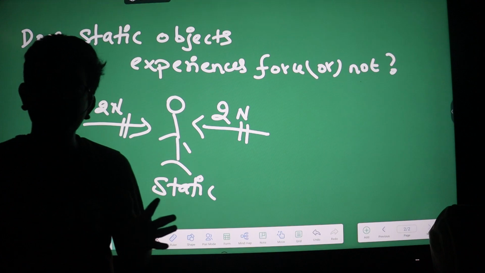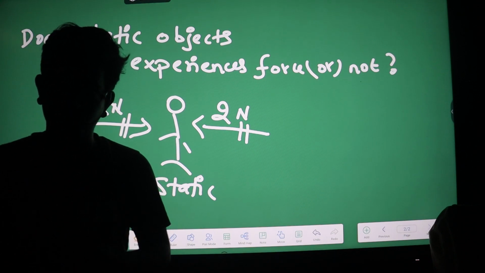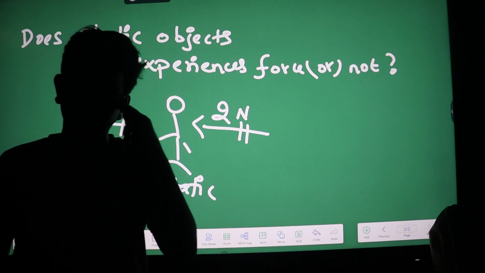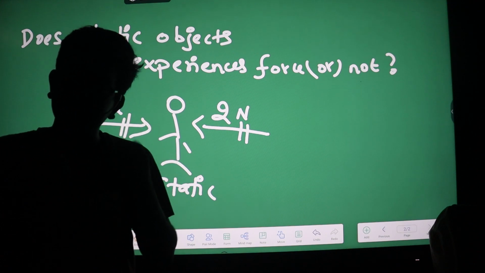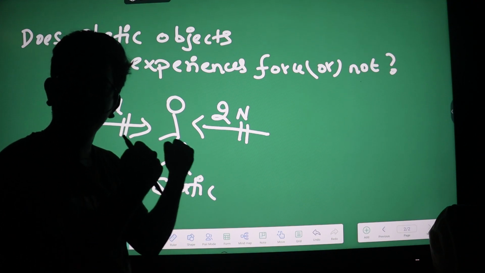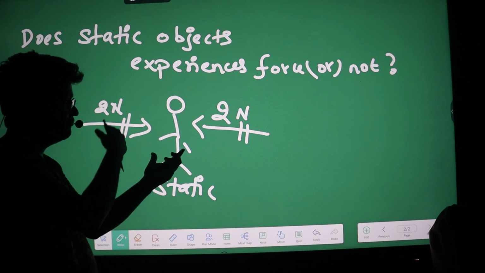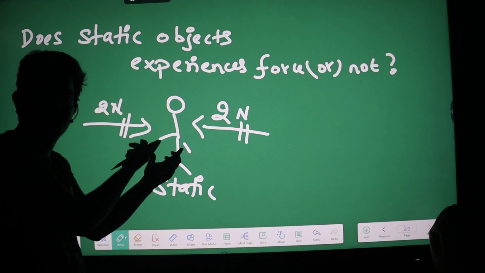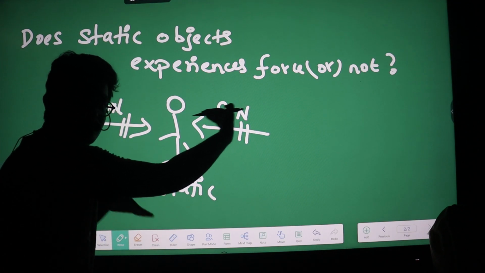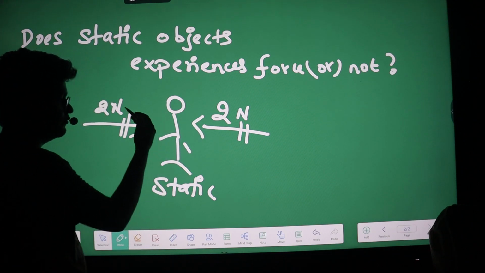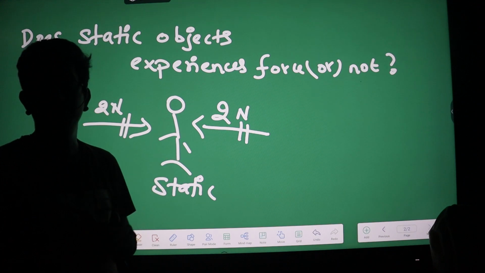So forces can never be seen, forces can be felt, right? We can feel the force, we cannot see the force. So here this boy is feeling this force which I have given, that is 2 Newton. In both directions the forces are equal and opposite to each other, that's why the forces cancel each other out and this object is still at static.